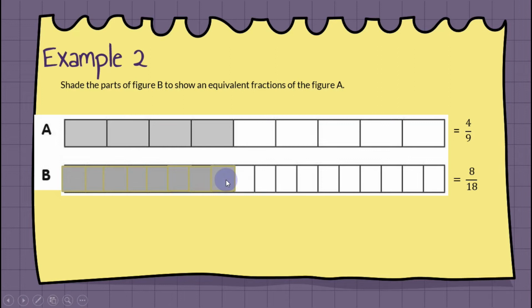And denominator 18, 9, 10, 11, 12, 13, 14, 15, 16, 17, 18. So we can conclude 4/9 and 8/18 are equivalent fractions.